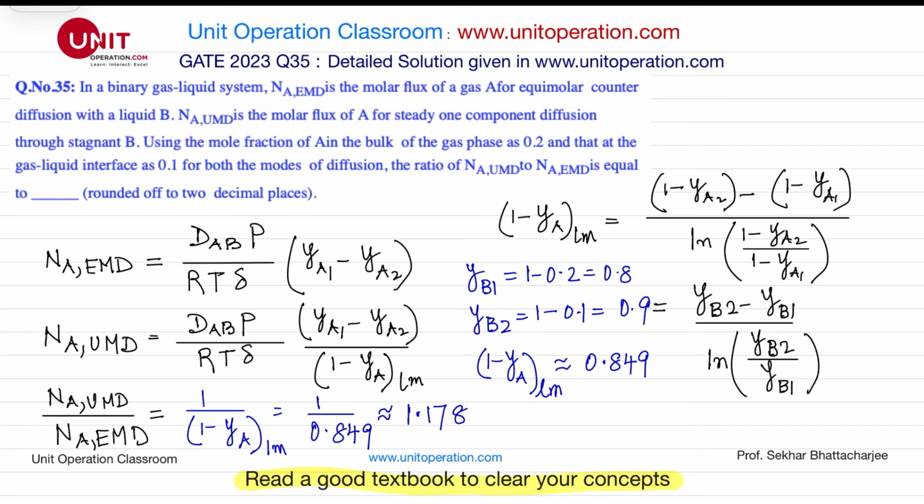That means in one case it's equimolar counter diffusion, and in the second case it's a diffusion of A through a stagnant B medium.